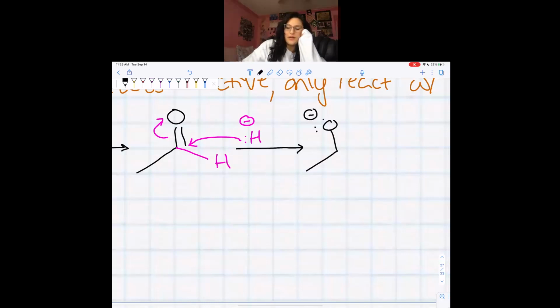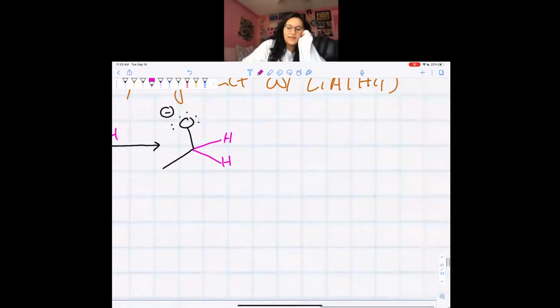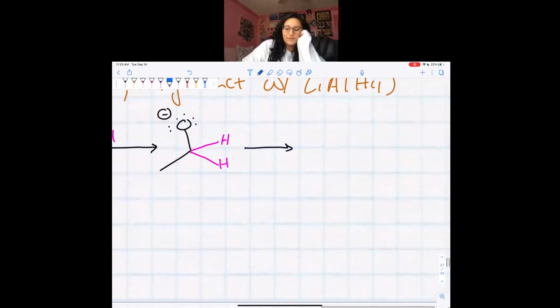We get O- again. At this point, we can't do anything else besides protonate, as someone just said in the chat, because there's no more leaving groups or anything. So we are just going to use our H2O and protonate the O- into an alcohol.